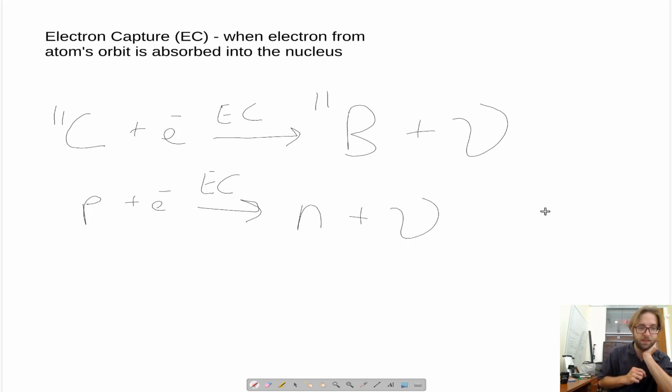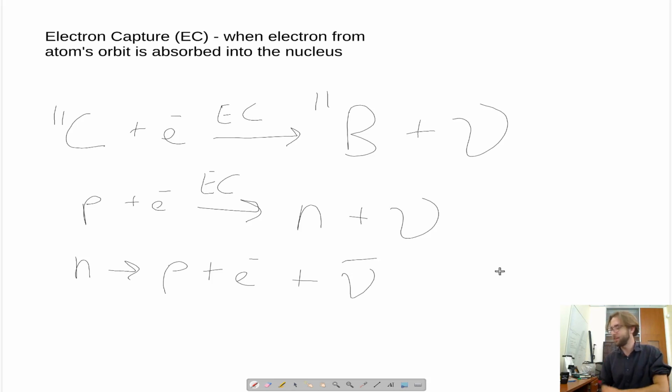Okay? But we also know that a neutron itself can decay into a proton plus an electron plus an antineutrino. So the cycle can't go indefinitely.